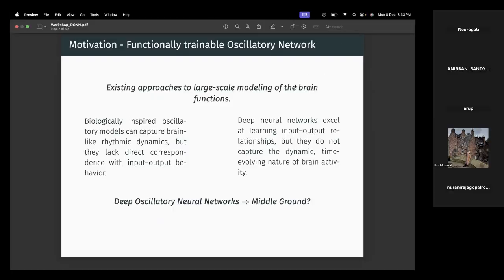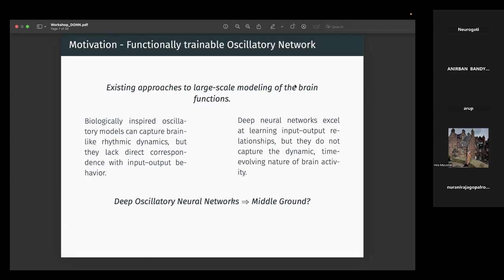As for the motivation, which Sir already mentioned, the biologically inspired oscillatory models can capture brain-like rhythmic dynamics, but they do not capture these dynamics as a phenomenon that emerged out of input-output relation or behavior.